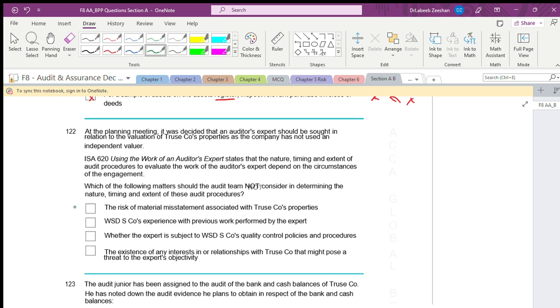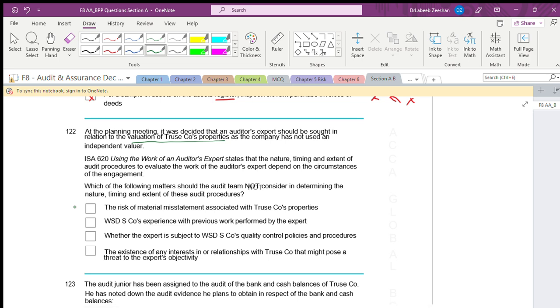At the planning meeting, it was decided that audit experts should be sought in relation to the valuation of properties. We need expert advice. That's if we need expert advice in terms of valuation of the property, because they are valuing only one flagship store, prime location.